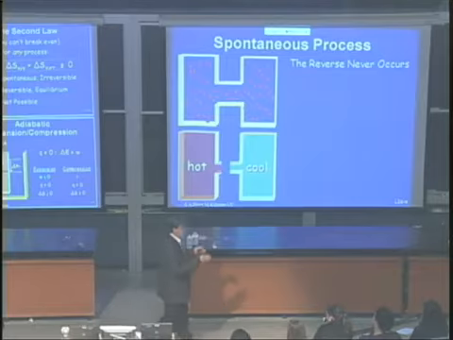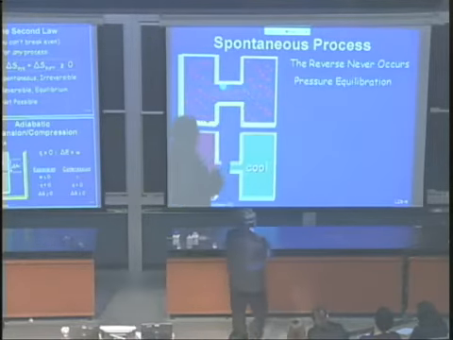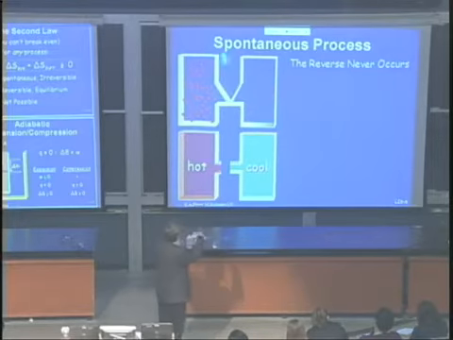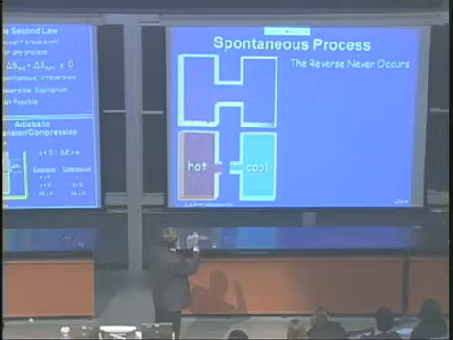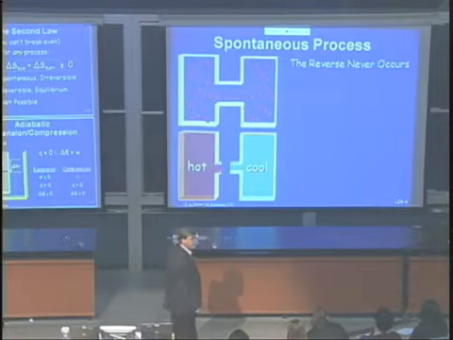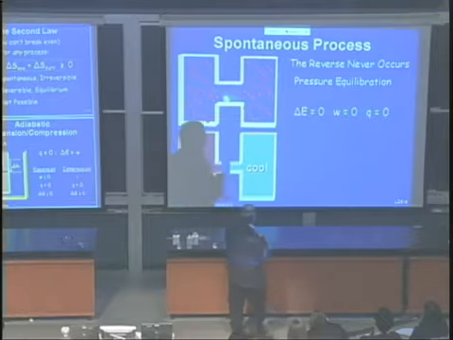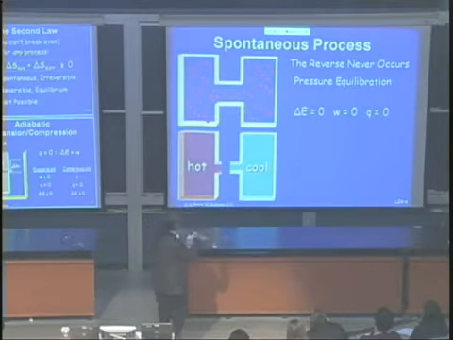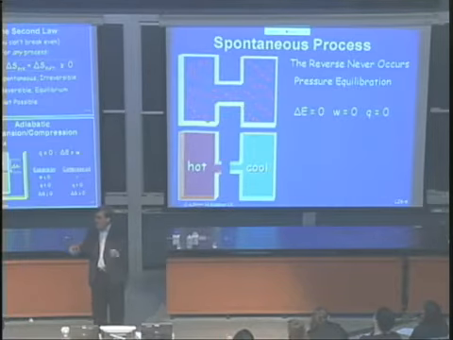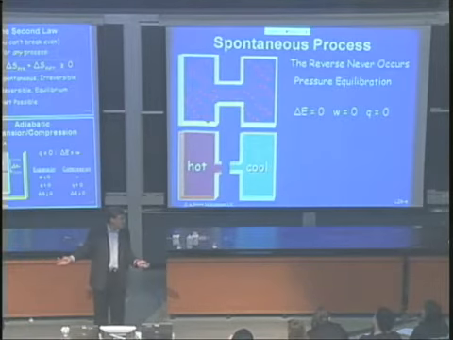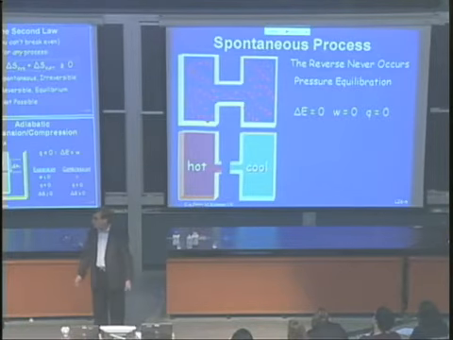Chemical reactions are very often spontaneous processes. So if you have this in a vacuum, you come to a pressure equilibrium, and you have the distribution. Let's look at the work. We expand this against the vacuum. There is no pressure to expand against, so we don't need to do any work.